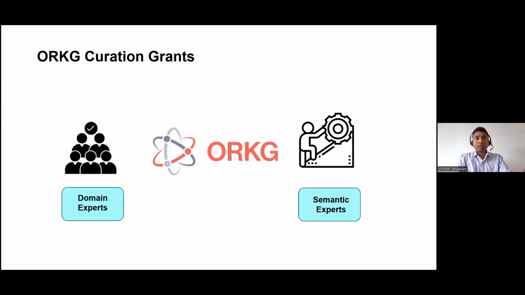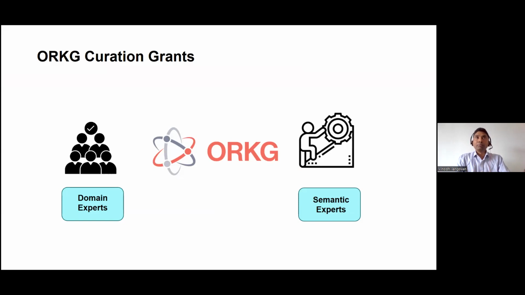And we also have something called the Open Research Knowledge Graph curation grants, which should be open soon. The call would be open sometime in spring, and this is a program where we work closely with domain experts in order to curate research articles from their field across the ORKG.